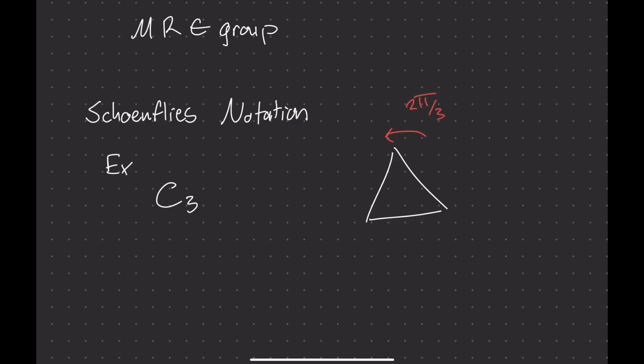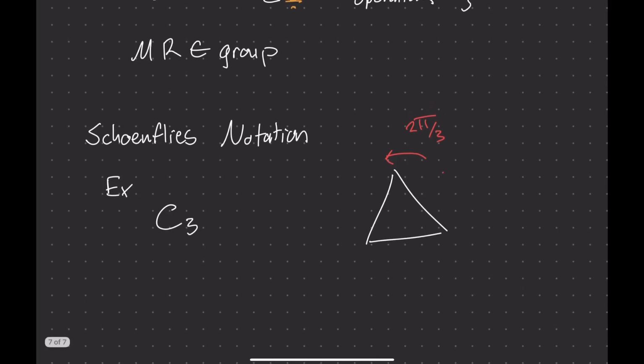But you can also do this twice, right? So if this 2 pi by 3 rotation is part of the group, so is doing that twice, which would look like a 4 pi by 3 rotation. And then finally, you have your 6 pi by 3 rotation, and that's equal to just your 2 pi. But that's just all the way around. That's the same thing as just doing your identity.